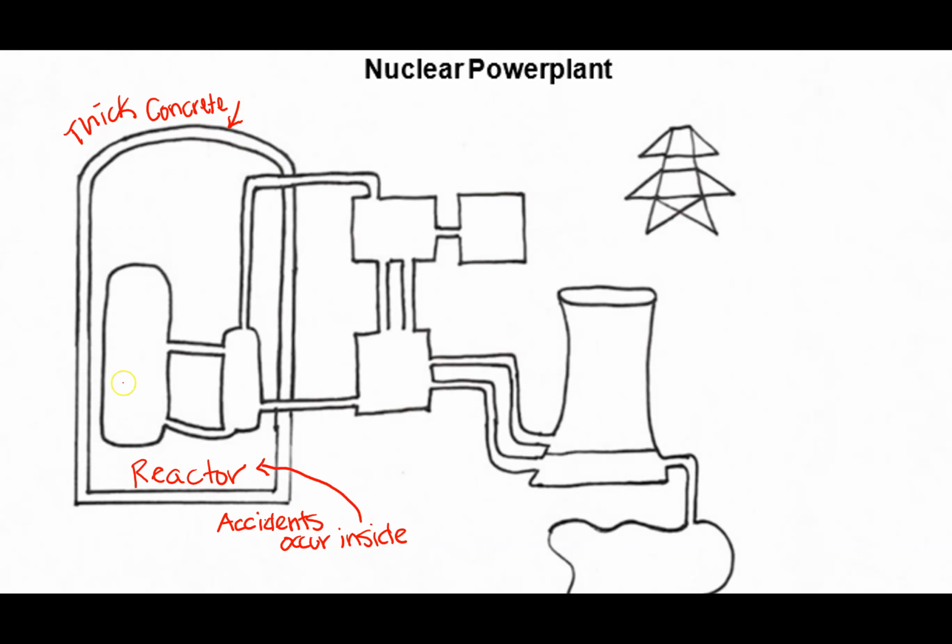All right, so this is the reactor core. And in the core, we have fuel rods that are made of uranium. They look kind of like this. All right, so this is uranium-235 fuel rods.